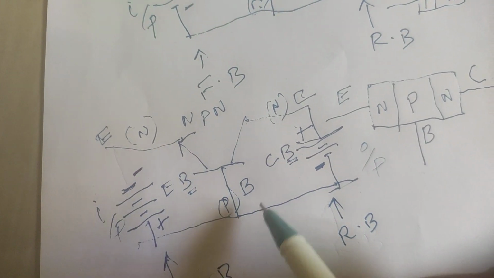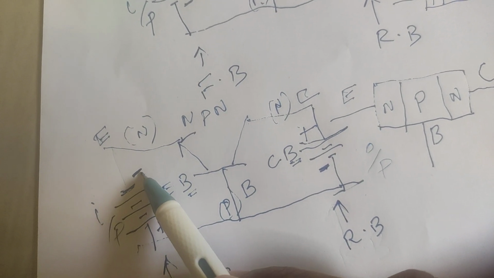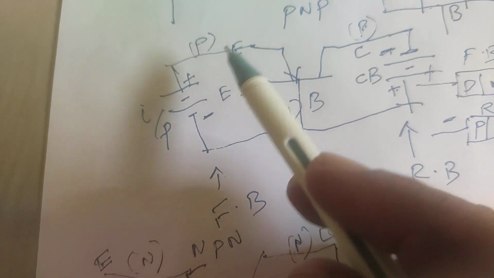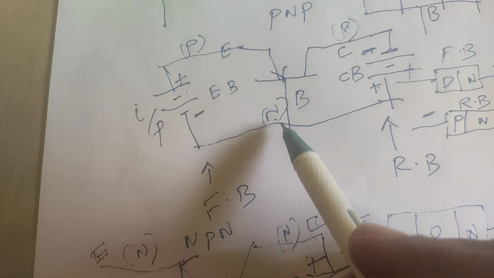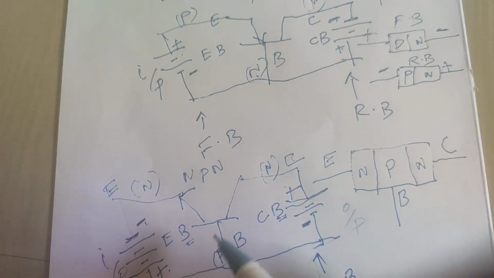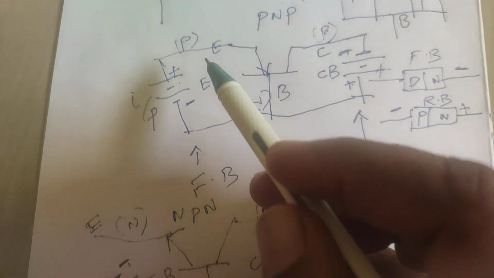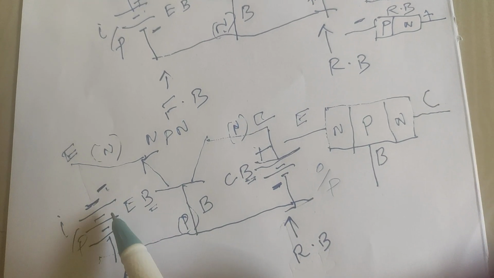So this is the common base arrangement for the NPN transistor. Here negative to emitter, positive to base. Whereas in the PNP transistor, positive to the emitter, negative to the base. Okay. In the PNP transistor, the biasing arrangement is like this. In the NPN transistor, the biasing is completely reversed, like this.